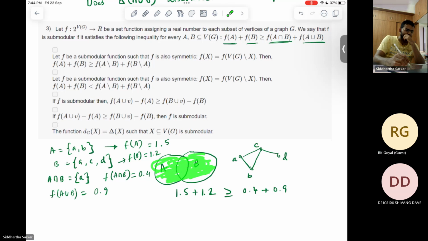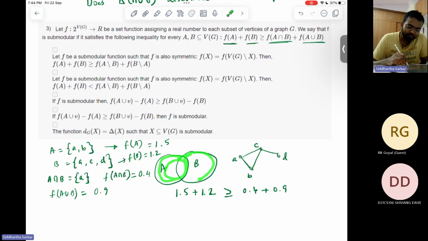Following this observation, the first one is clearly true. This is a clever way of arguing, but this is not the formal argument. I think it would be a quick way of making conclusions.